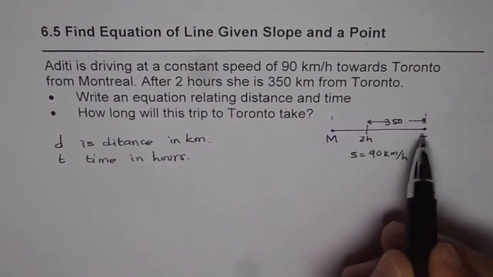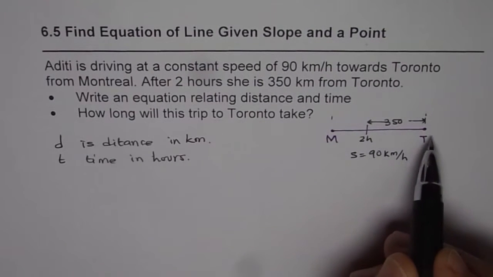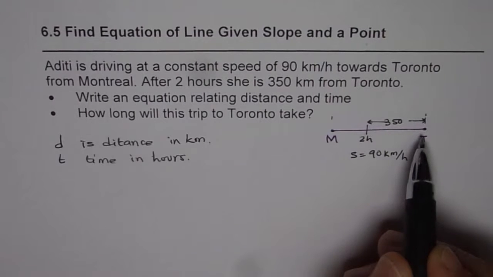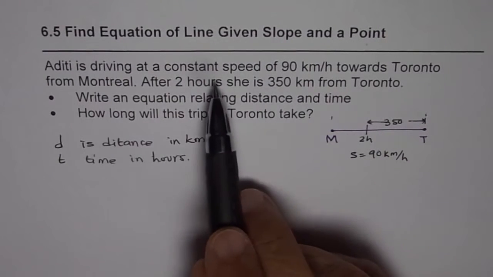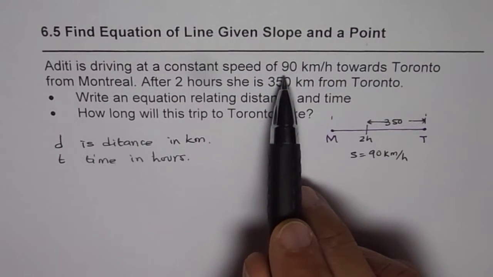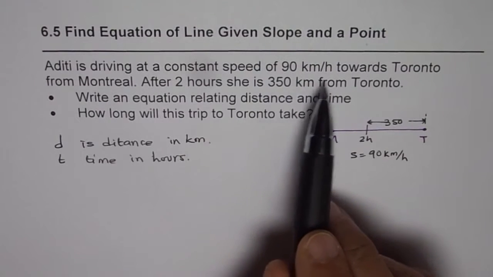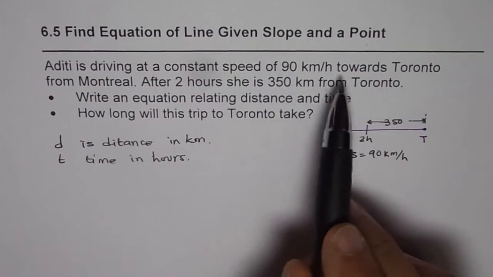Now as you can see, as the time goes by, the distance to Toronto decreases. And therefore, the slope in this case, which is represented by the speed, will be negative. That's very important to understand. In this question, we are given slope and a point.